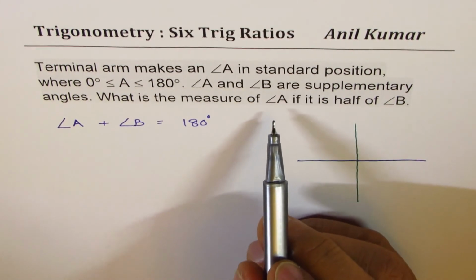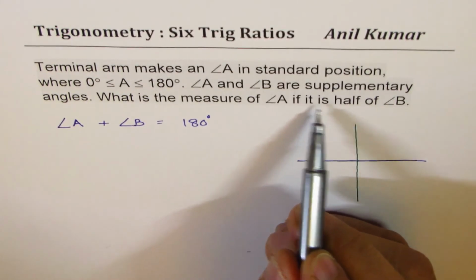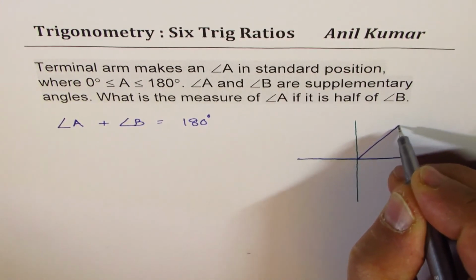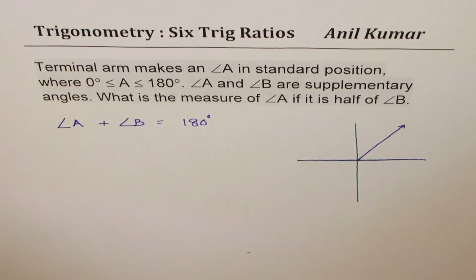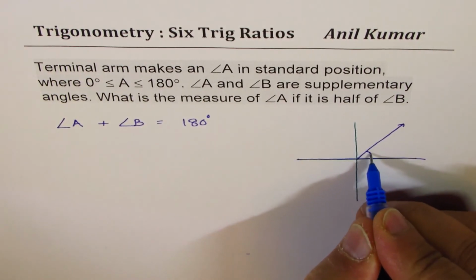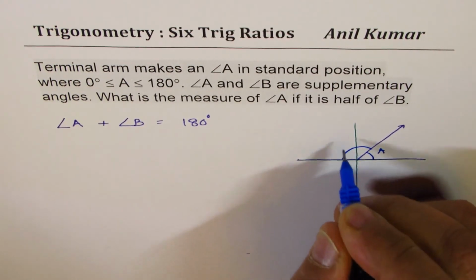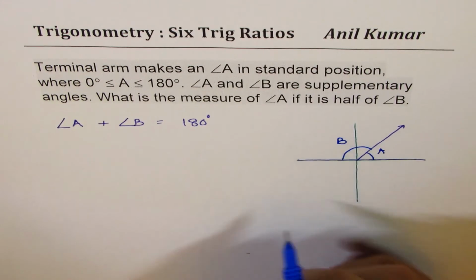So let's assume this is the straight line which is being formed with angle A and B. Now we are given that angle A is half of angle B. So let me draw a line somewhere here, making this angle as angle A and the other half as angle B. Does that make sense to you?